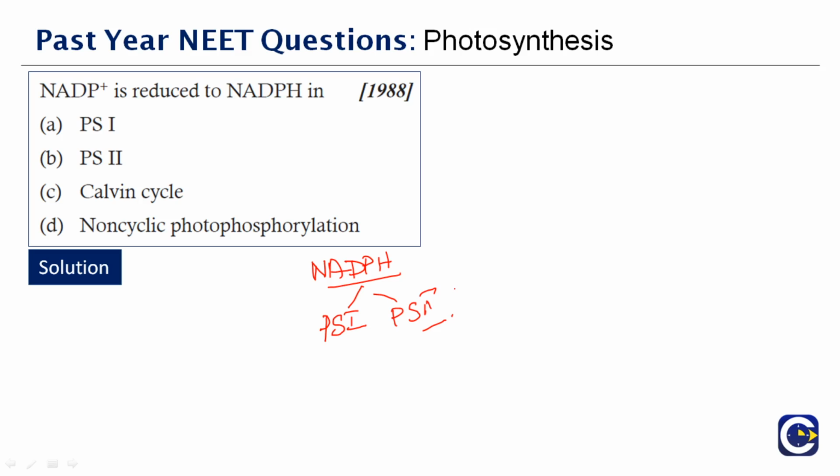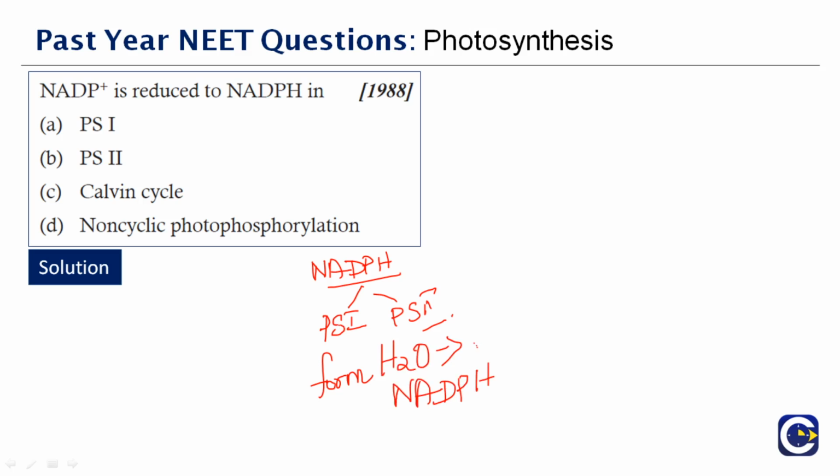In cyclic photophosphorylation, light is involved in one form of the light reactions. When it is non-cyclic, the electrons flow in a line, from water to NADPH. So this is seen in non-cyclic.